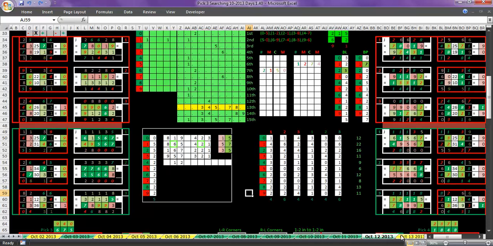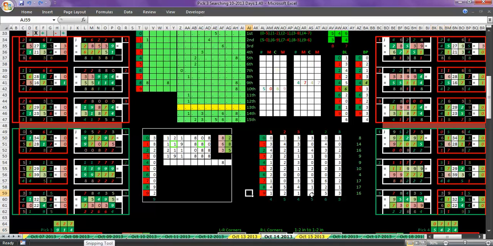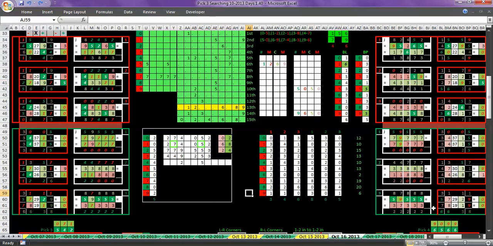12th, there's 1848, 1 and 4 pairs here. The 14th, 5424, there's your pair of 4s. The 16th, 6566, there's your 6 and 5 pairs.